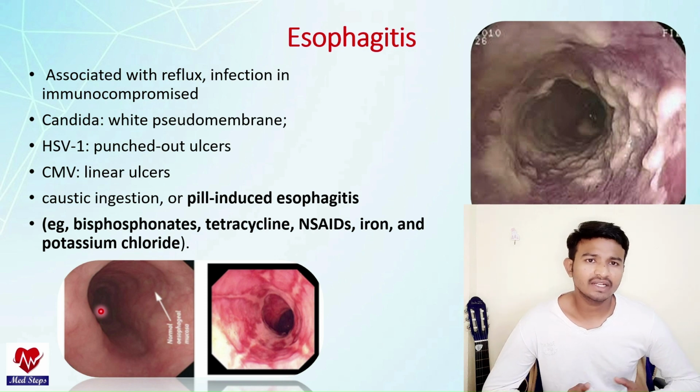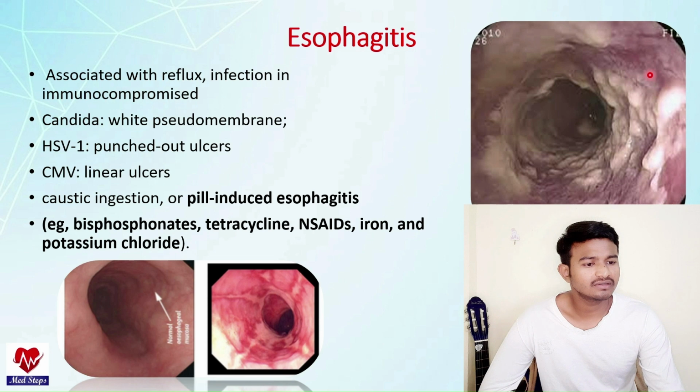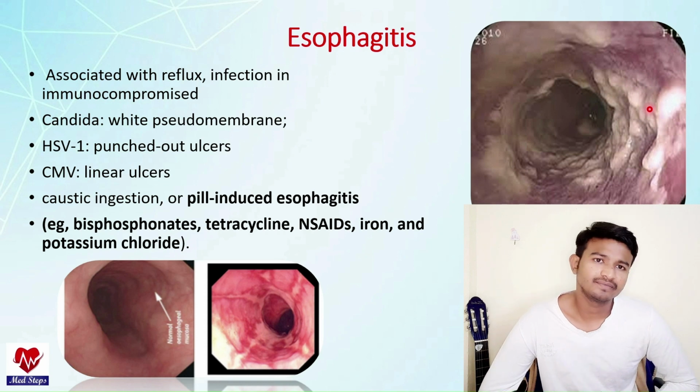What are the bacteria that will affect? First one, Candida. If Candida affects the esophagus, you will get a white pseudomembrane. If you see this picture, here you can see the white membrane. So this is Candida.